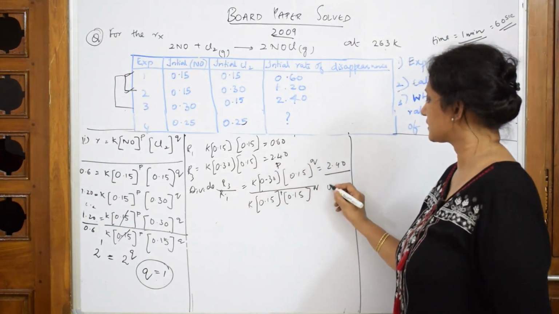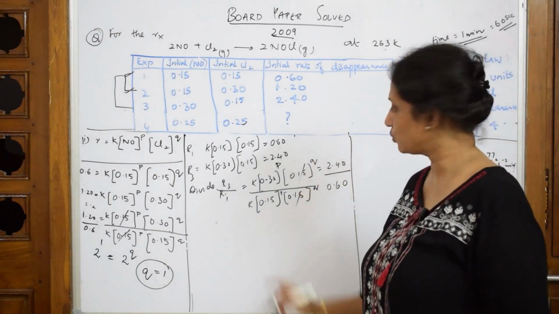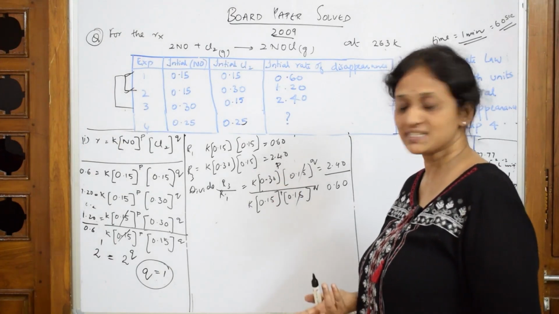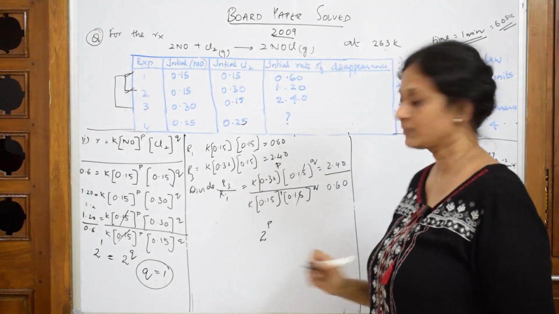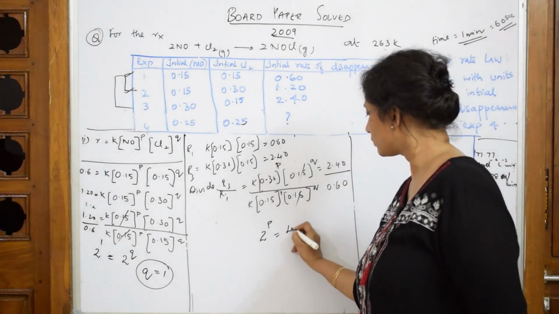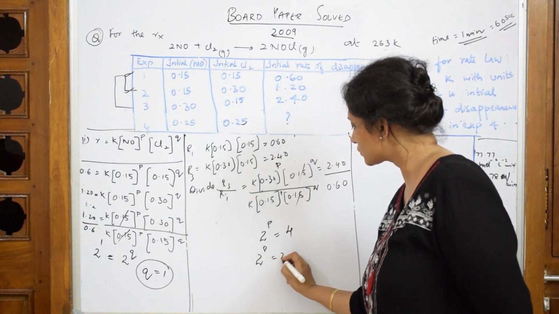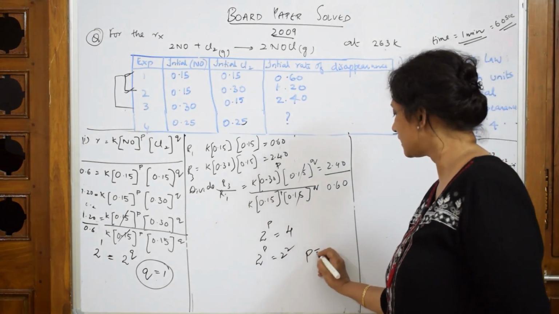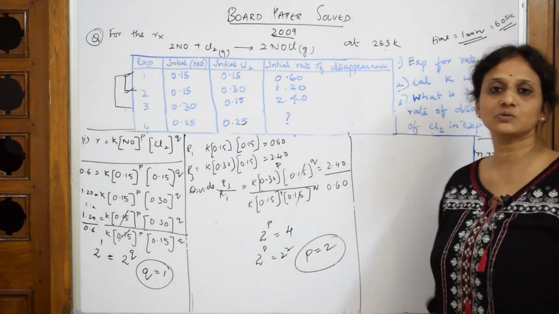Now this and this get cancelled. So here again we get 2 to the power of P, and on the other side I get 4 times, so I can write 4 as 2 squared. Bases are common. So what is the P value? P value is 2. I got P value as 2, Q value as 1.